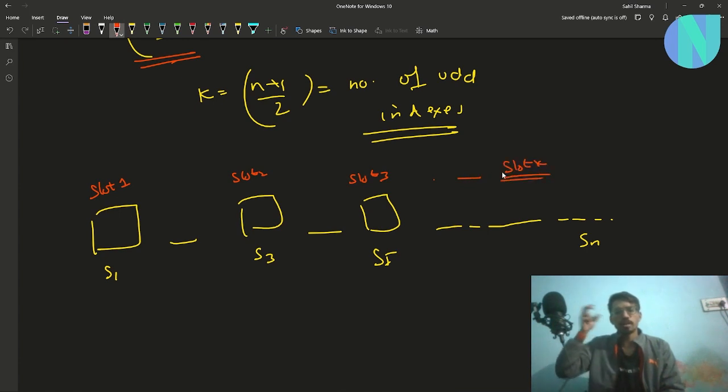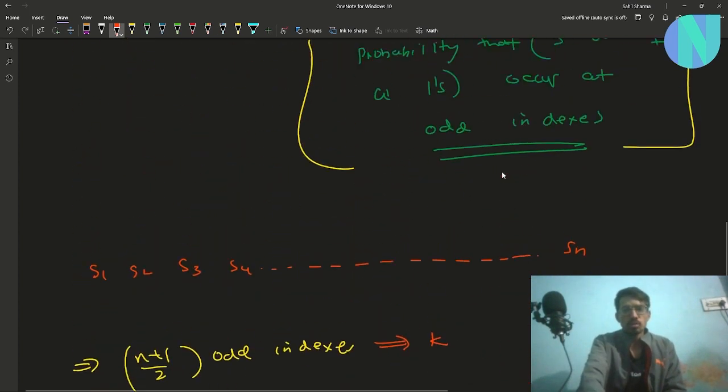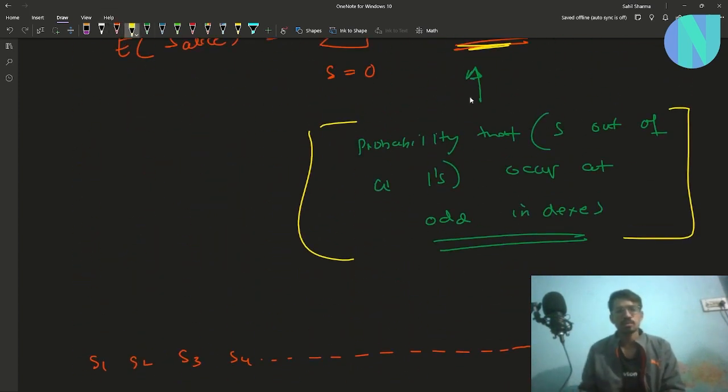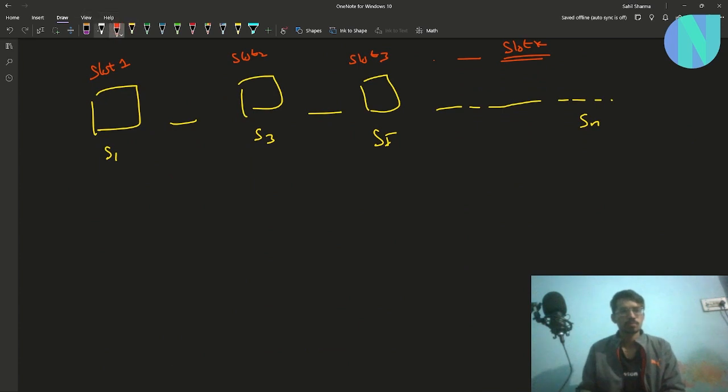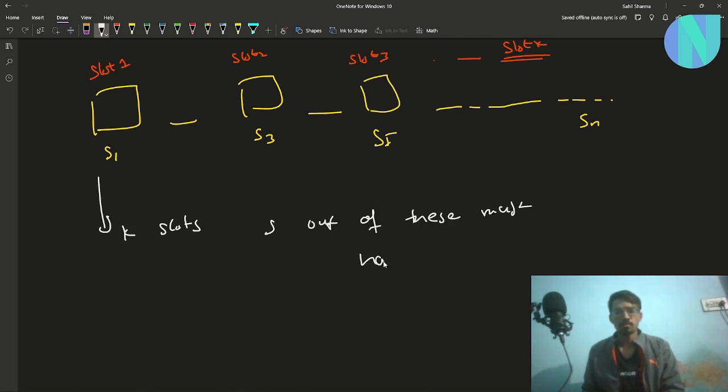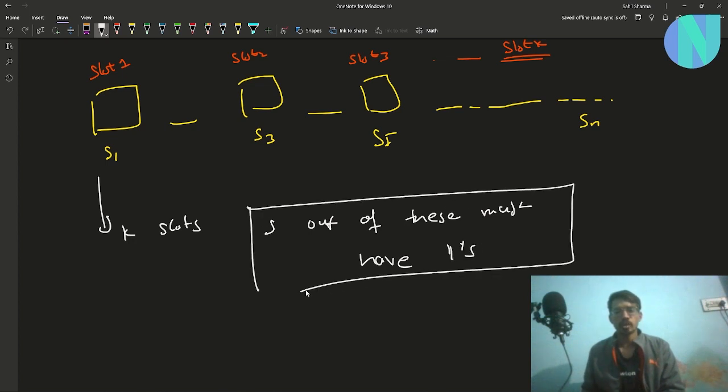So in total, we have k odd indexes, or you can say k slots. And as we know, S out of these must be filled with ones.